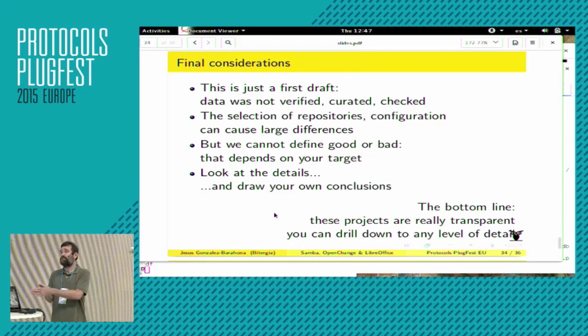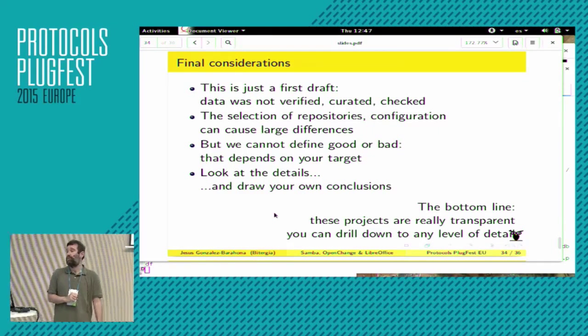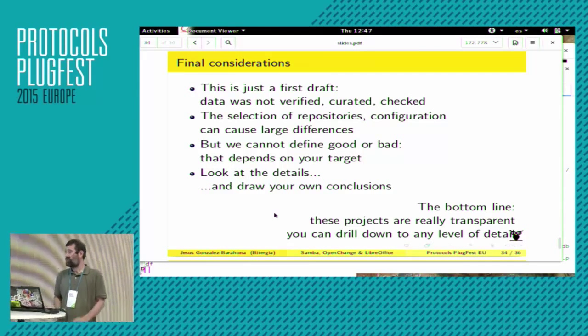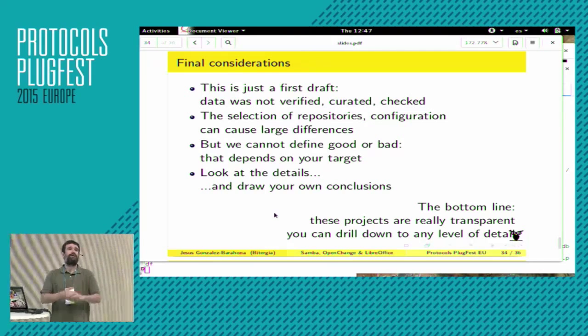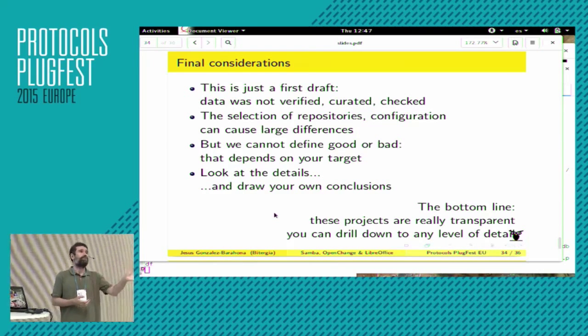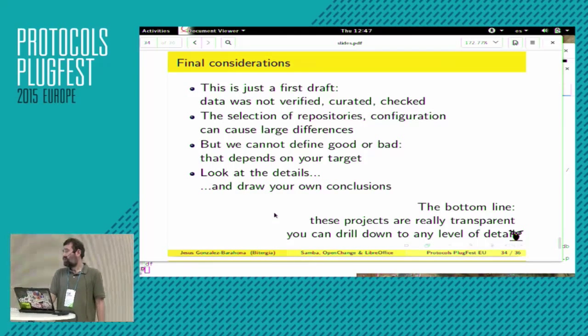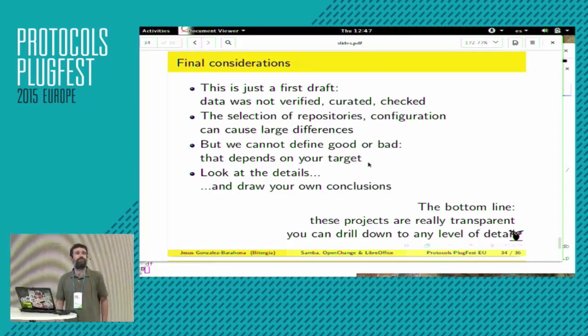So for instance, as I said, authoring data usually have to be enriched with other information like people mentioned in commit records, for instance. The selection of repositories, configuration, etc. can cause large differences. So that's the case of Samba, for instance, depending on which repositories you consider, the numbers are widely different. Well, we cannot define good or bad. In any case, it depends on your target.